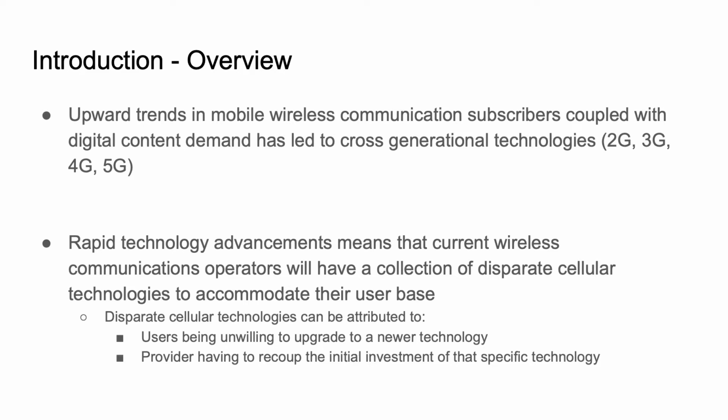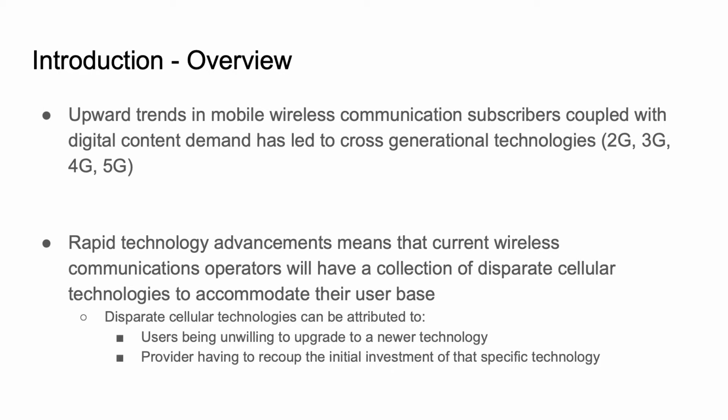Okay, so we know that the upward trends in mobile wireless communication subscribers coupled with the digital content demand has led to cross-generational technologies. For example, mixture between 2G, 3G, 4G, and 5G. This rapid technology advancements means that current wireless communications operators will have a collection of disparate cellular technologies to accommodate their user base.